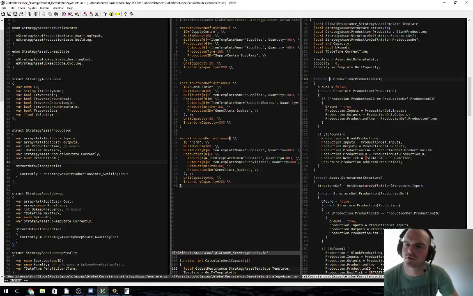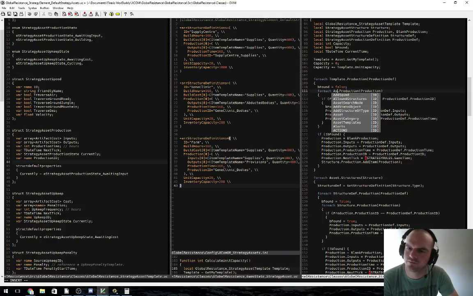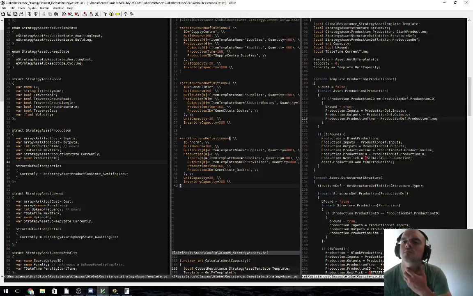So let's go for each template.production, we get production def. And for each asset.production, this is a copy, so we need to run an update on it.